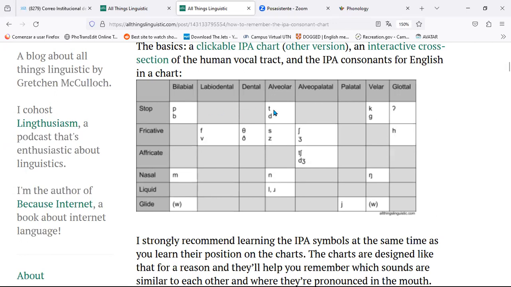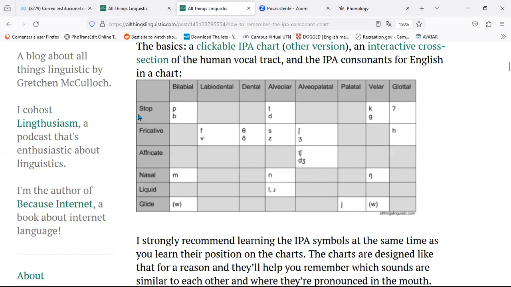These two, T and D, are also stops, because we stop the air, but we use the tip of our tongue on our alveolar ridge, meaning behind your teeth, to make them. And these are made in the velum, remember, so the back part of the mouth.